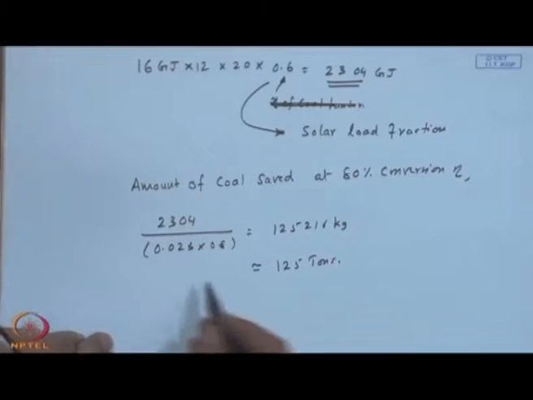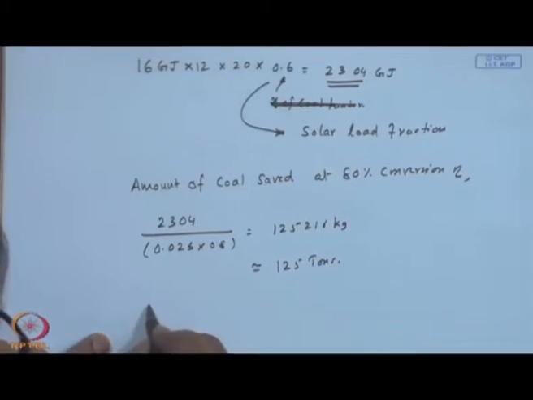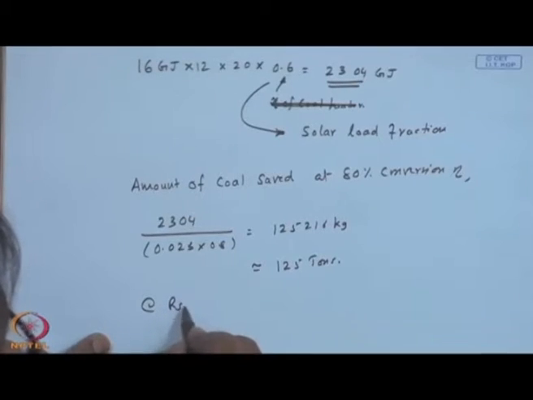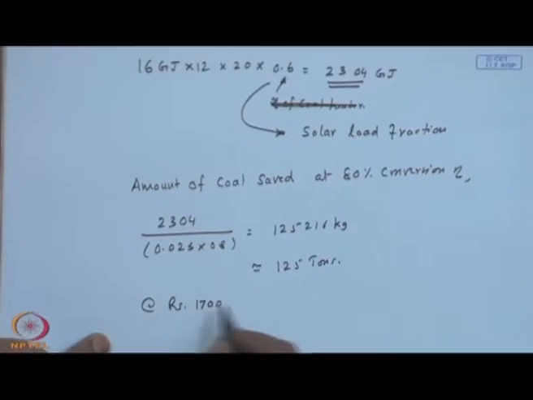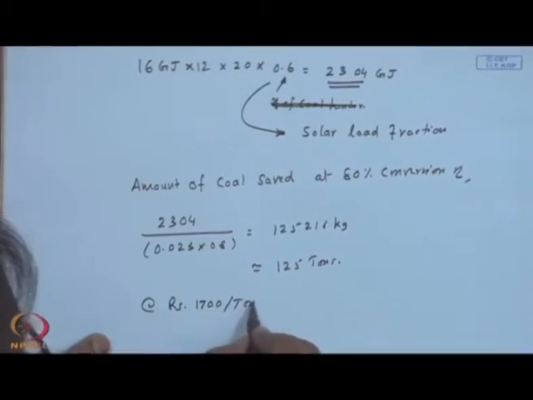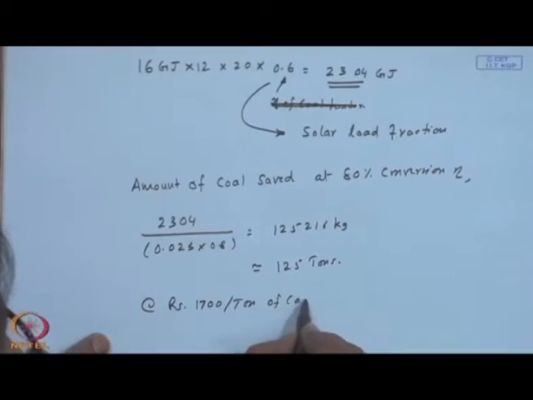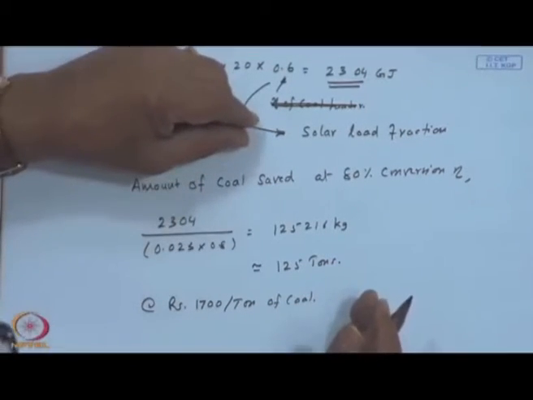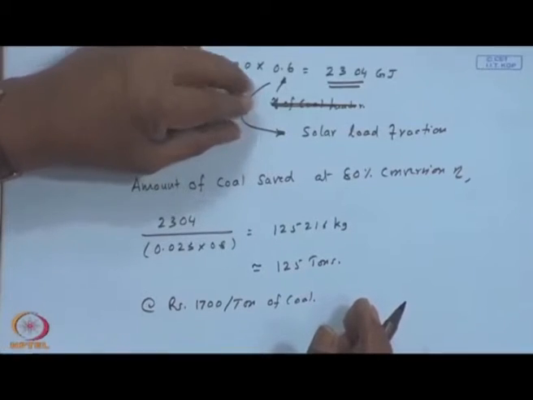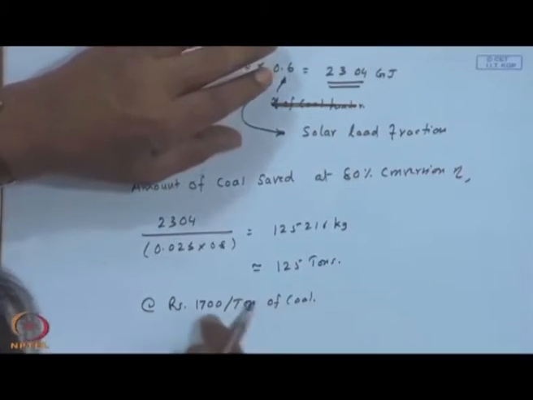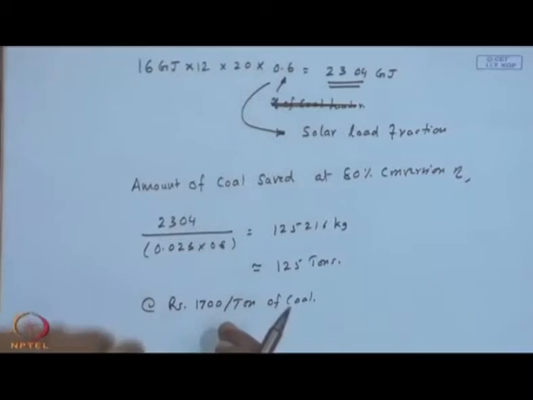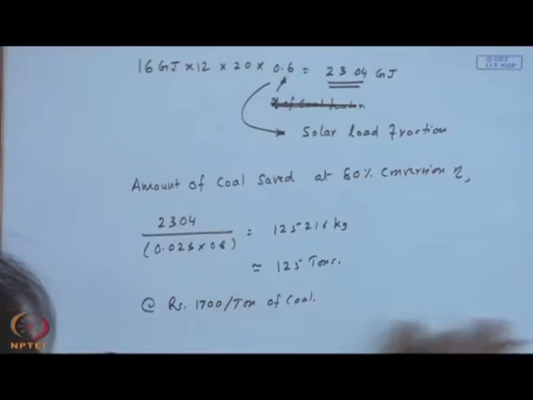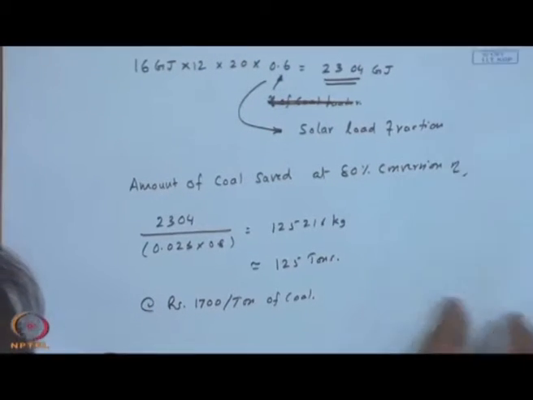Again I have to depend upon the newspaper announcements on the website. Coal India price seems to be at Rs 1700 per ton of coal. If it is more, my economics looks better. If it is less, it looks less. There may still be some inflation over that. Actually, the issue was about increasing the price by 10% or so.